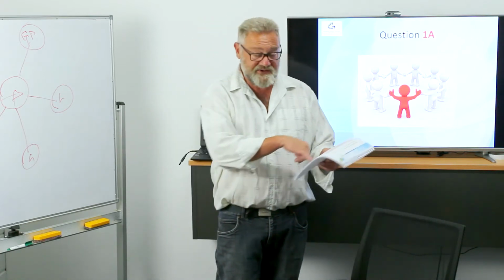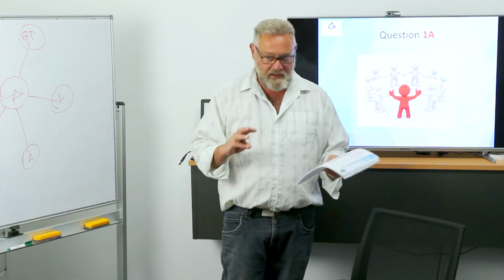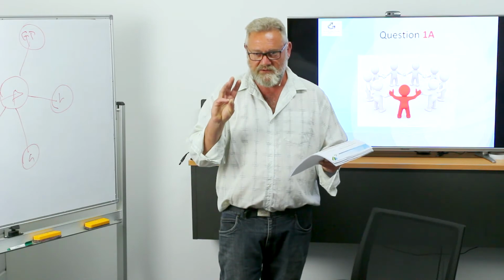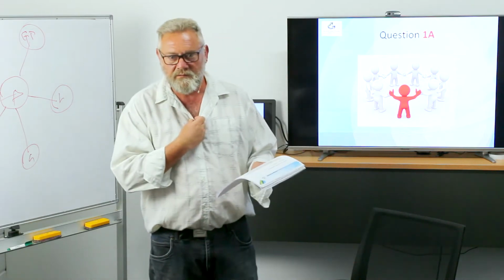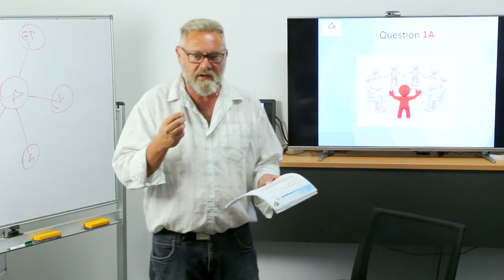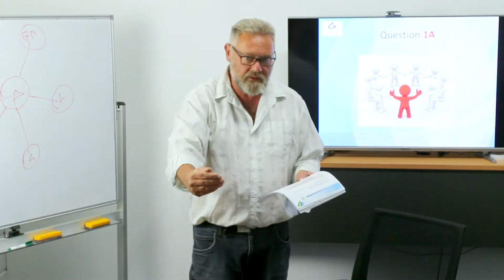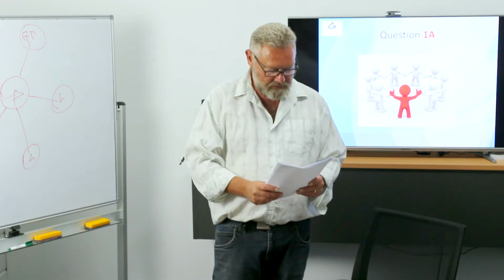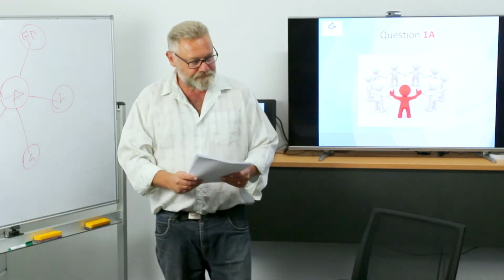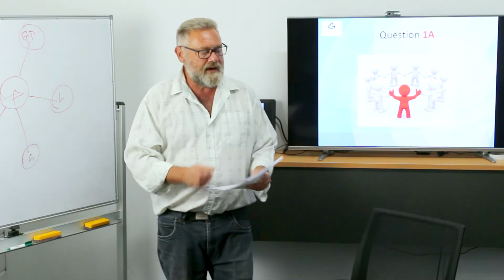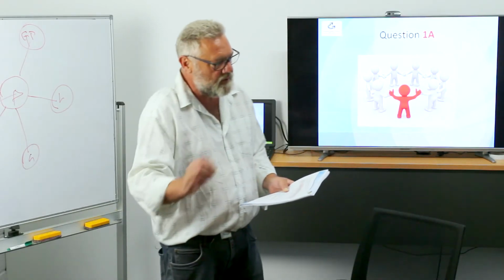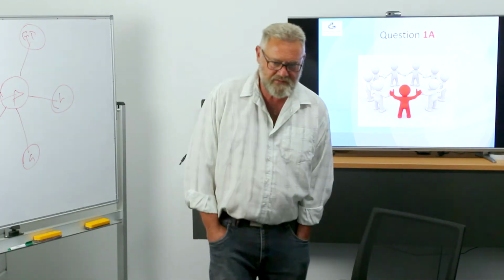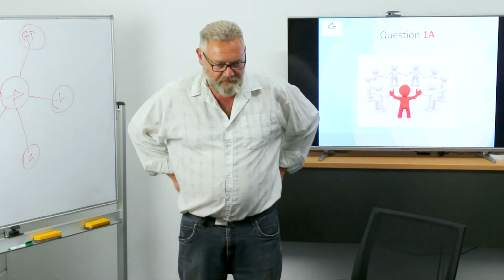Now, the question is asking you to identify three experts whose work you cannot do, but you know when you need to refer to them. So that's mainly identify three experts, but also why you would refer to them. If you've got some notes in there you can refer back to.